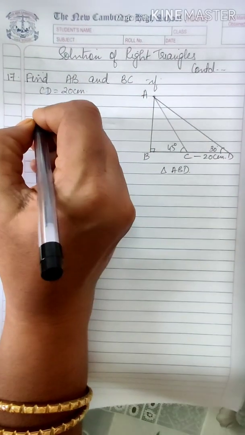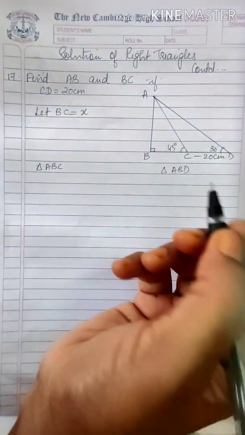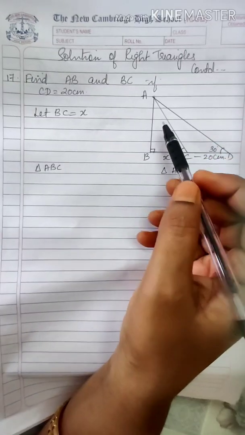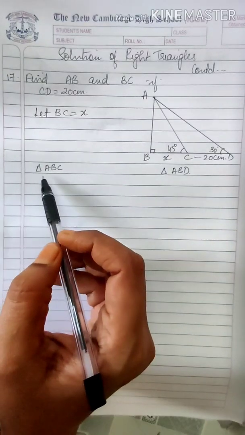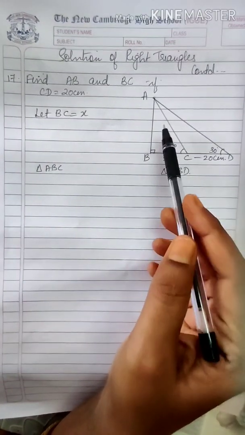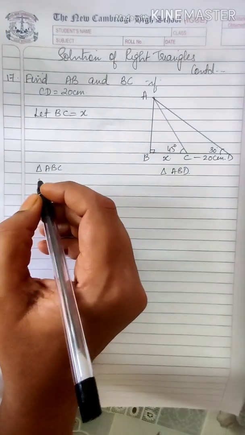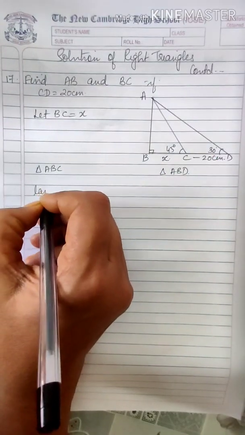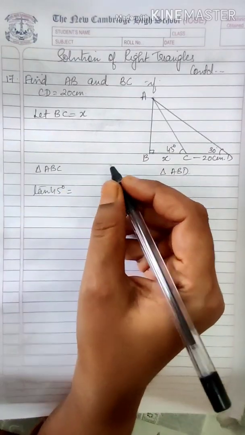So we shall take BC as X. If you observe this figure, here you have two right angle triangles. The first is triangle ABC and the next right angle triangle is triangle ABD. So in triangle ABC we will find the tan 45. You know the tan ratio, which is perpendicular by base.